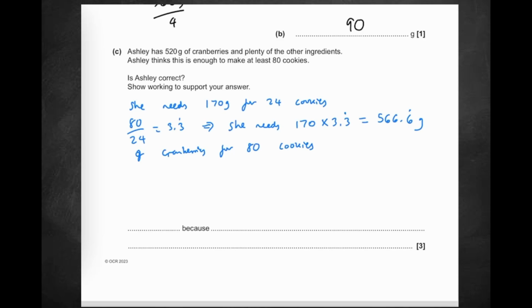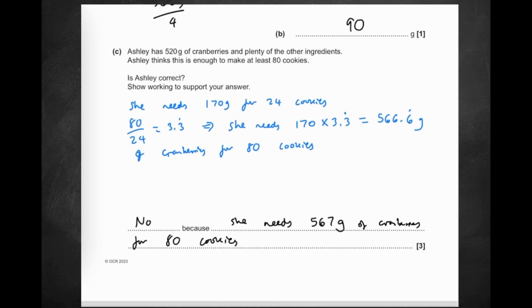So that tells me she does not have enough. So we're going to put no, because she needs 567 grams of cranberries for 80 cookies.